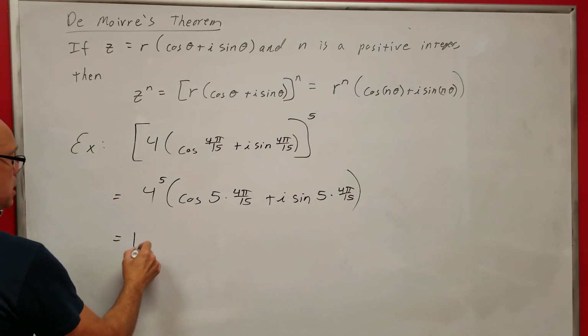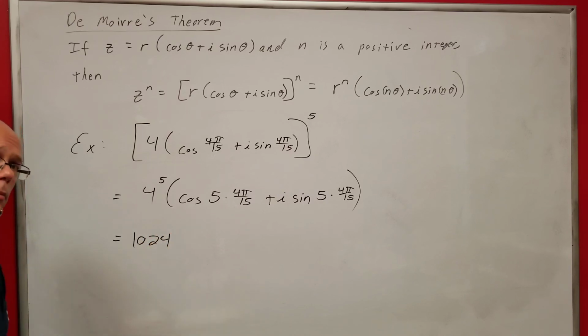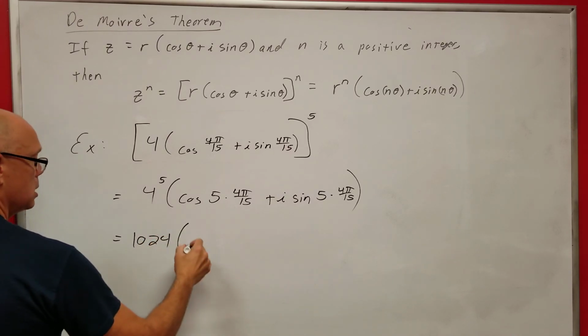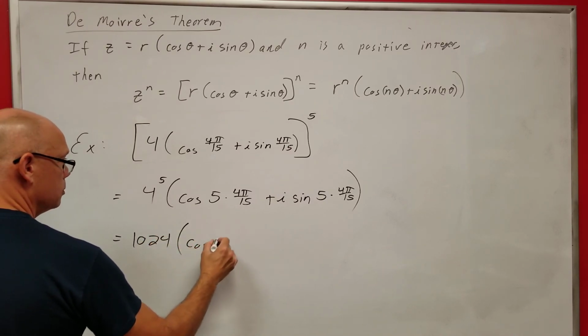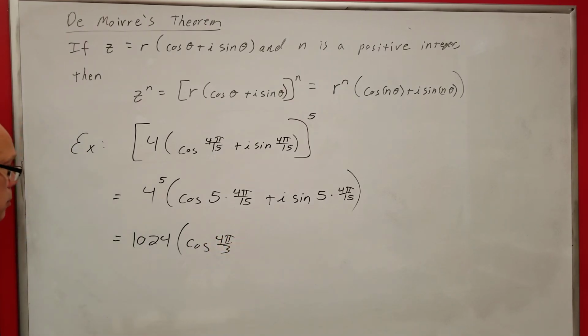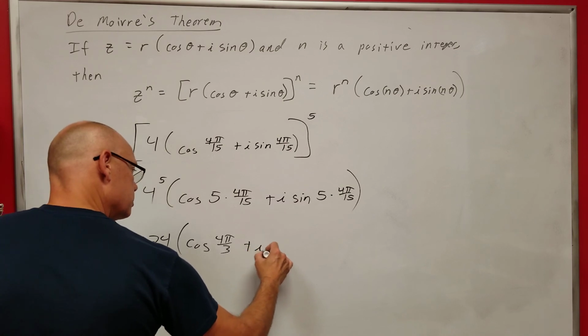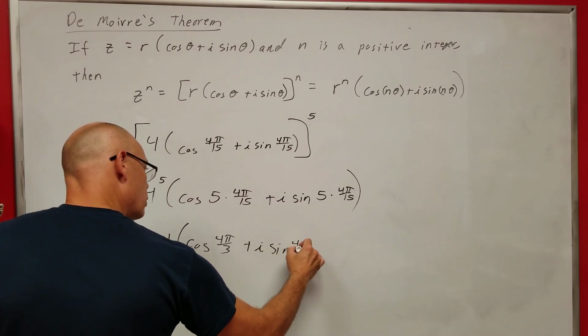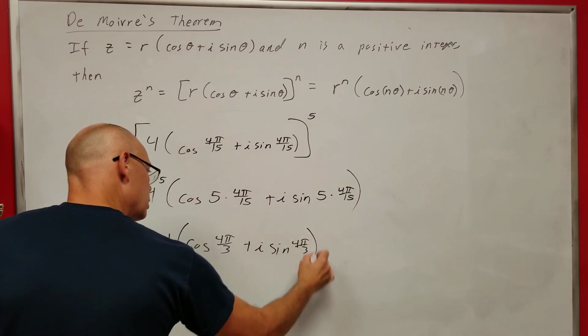What does this give me? 1024 times, what is this? The cosine of 4 pi over 3 plus i sine of 4 pi over 3, right?